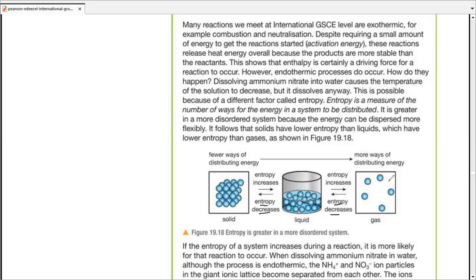Why is that? Because there is more disorder in gases, and there is a much more ordered arrangement in solids. The more the order, the less the entropy; the more the disorder, the more the entropy.